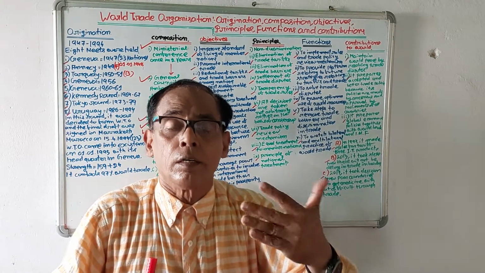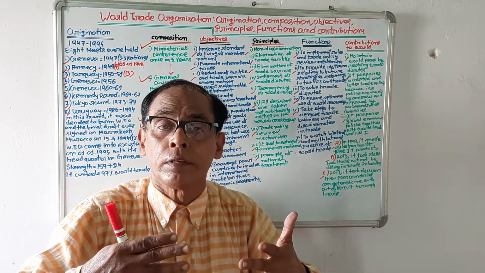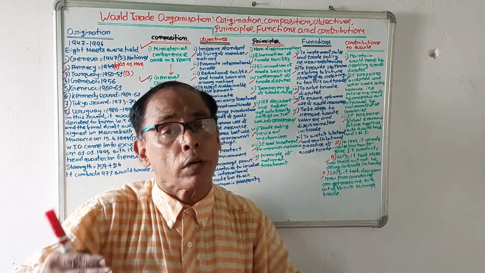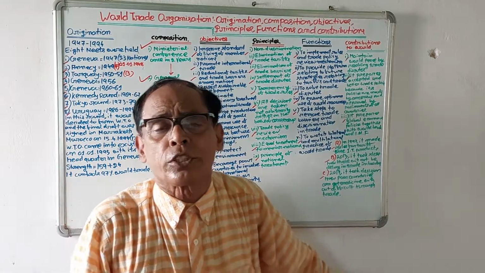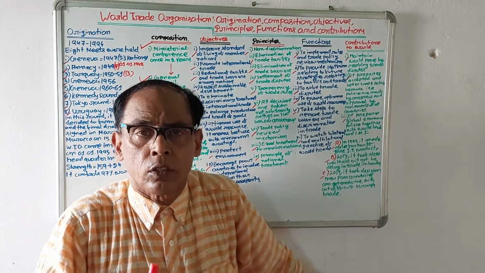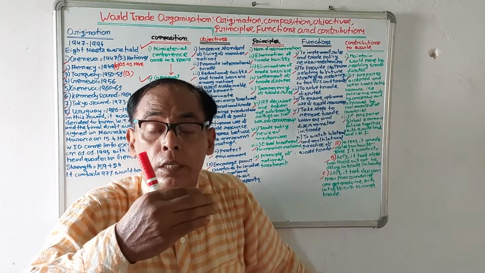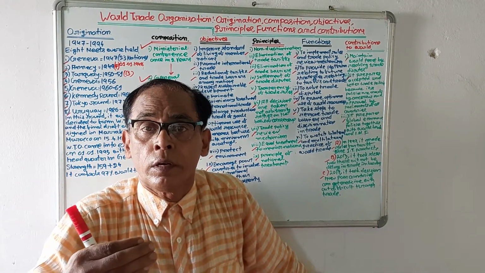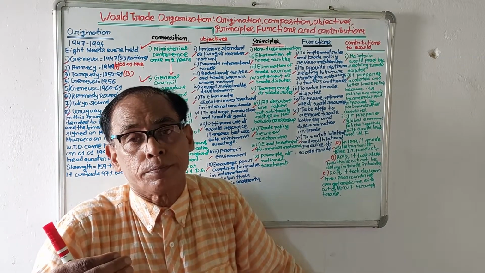It prepares rules which are accepted by member nations by consensus, and these rules are approved by member nations' parliaments. So another contribution of the World Trade Organization is that it has prepared accepted rules and regulations for the member nations.